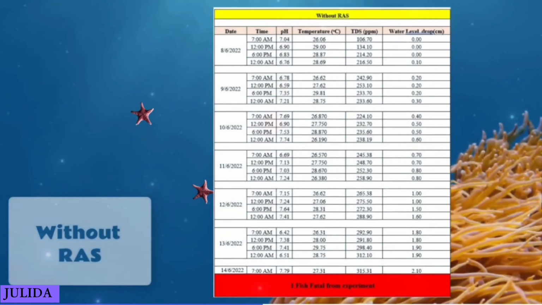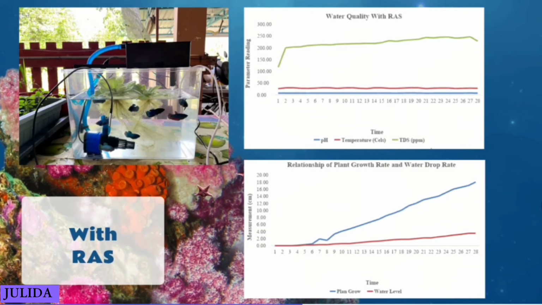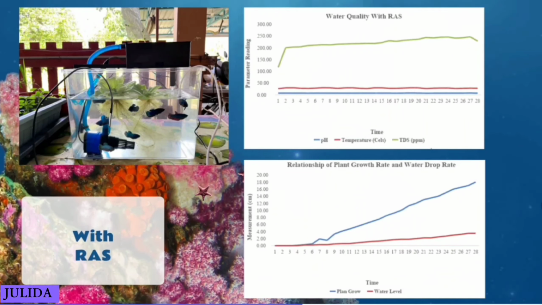Here, we can observe from the data collection table that the parameters for the water quality are never outside of the range. That clearly shows how effective this strategy is for maintaining the water quality in the betta fish aquarium.